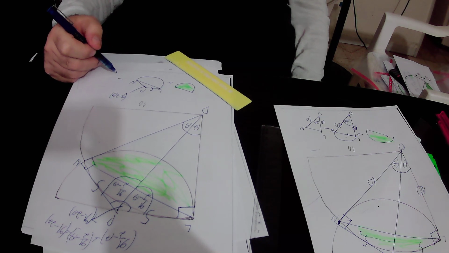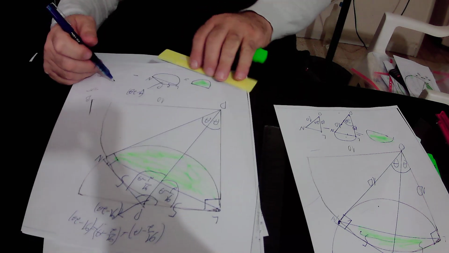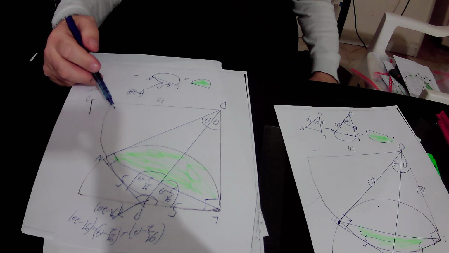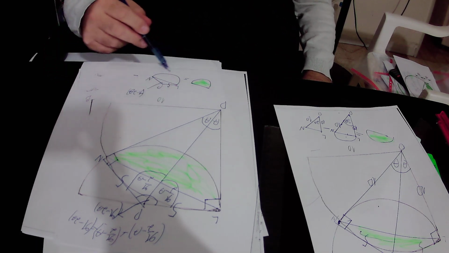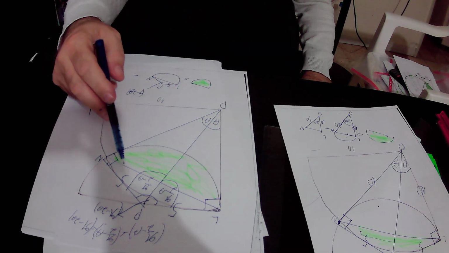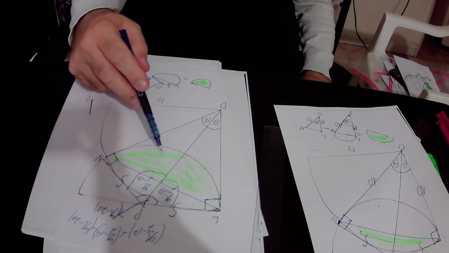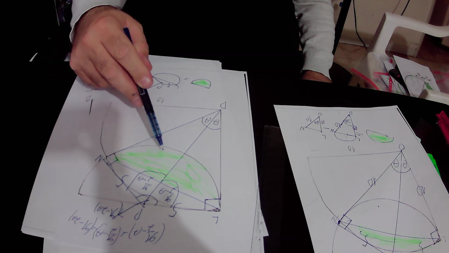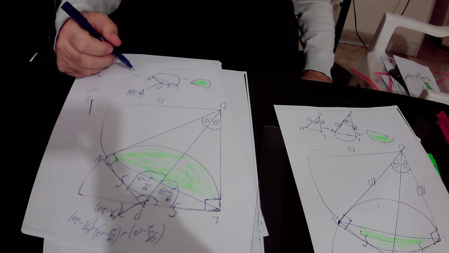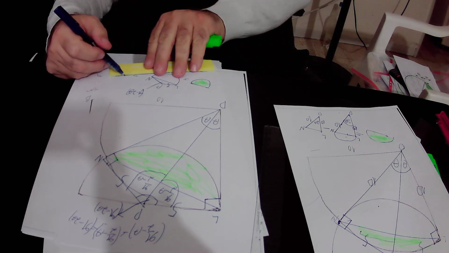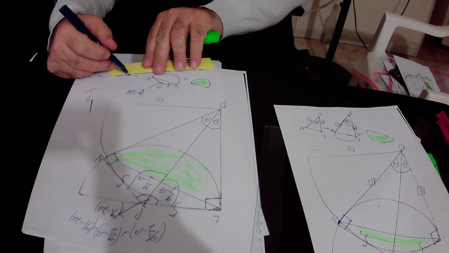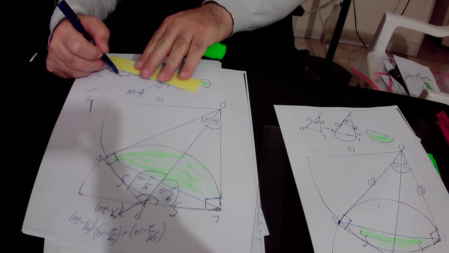It is very easy to see from the drawing that if you subtract from the area of this sector the area of triangle LPN, you will get exactly the area of the green circular segment. So I will draw the triangle LPN. This is triangle LPN.